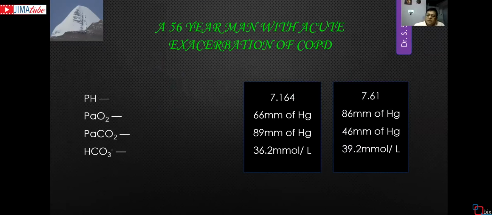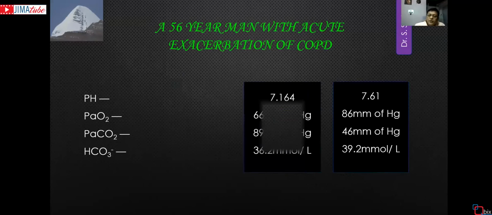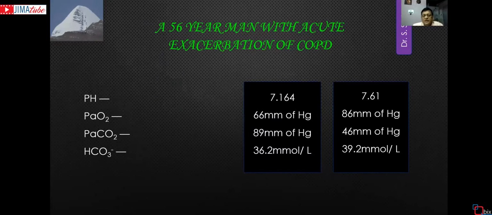And if we consider this in isolation, it may look like metabolic alkalosis. But if we compare with the previous one, there is a remarkable pH change. But that pH change cannot be explained by the bicarbonate change. So it cannot be a metabolic disorder.